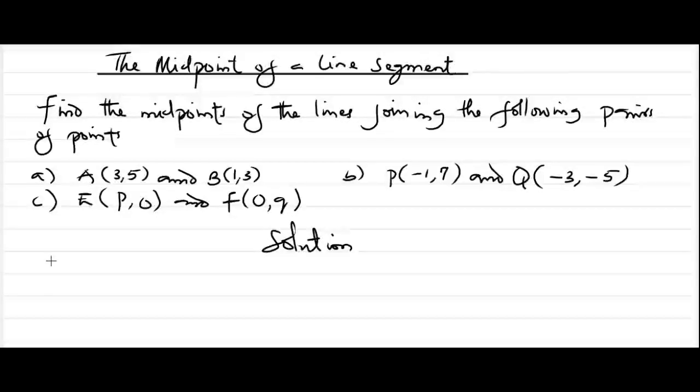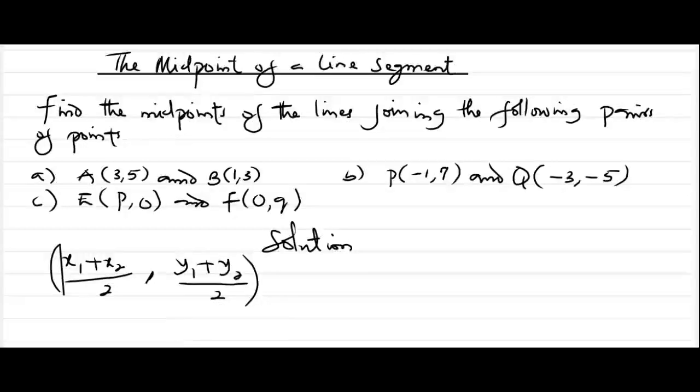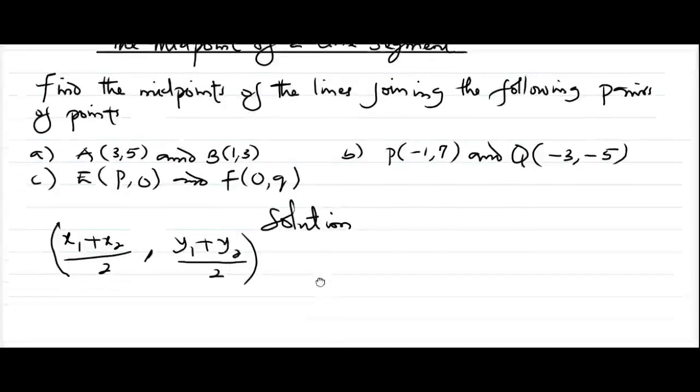Now, the midpoint of the straight line joining 2 points is given as (x1 plus x2) divided by 2, comma, (y1 plus y2) divided by 2. So anytime you are required to find the midpoint, this is what you use.